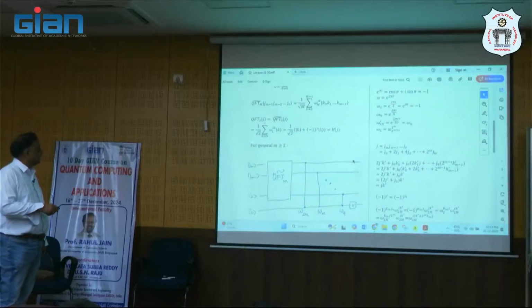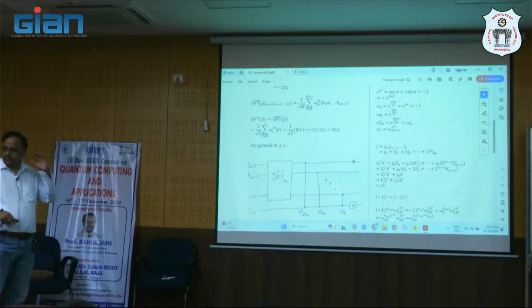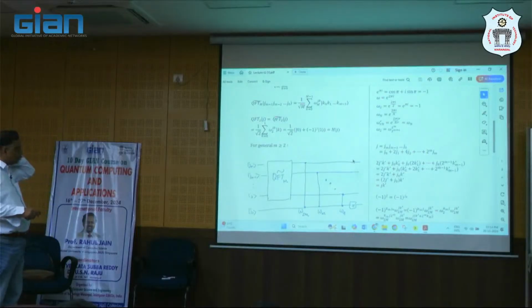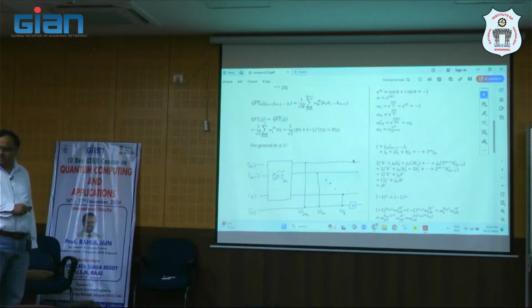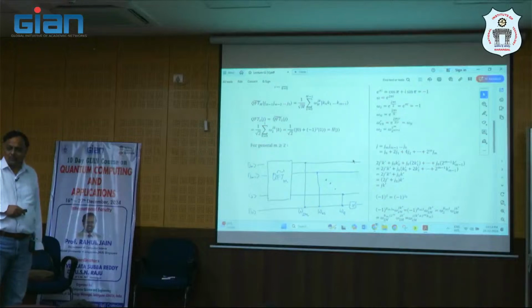Now what is this? 1 over square root 2 summation k omega 2 jk, correct? But what is this? Omega 2 jk, if k is 0, we get 0 here. What is this value? 1.